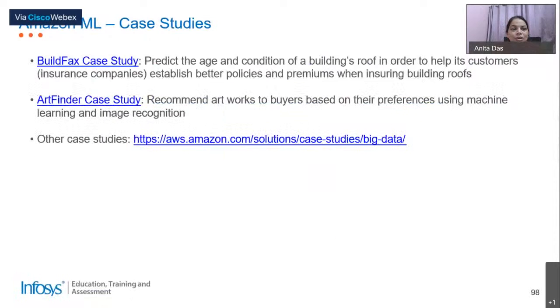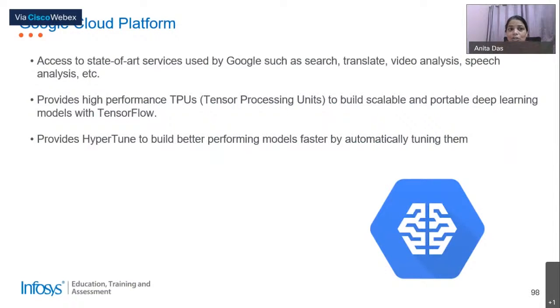We can talk about Google. Google has GCP, right? Google Cloud Platform. If you talk about Google, they are really high performance, because they use something called TPUs, tensor processing units, which are more powerful than CPUs and GPUs.